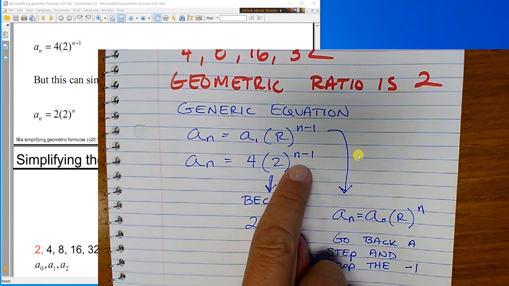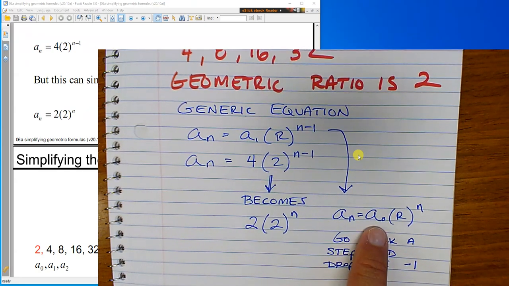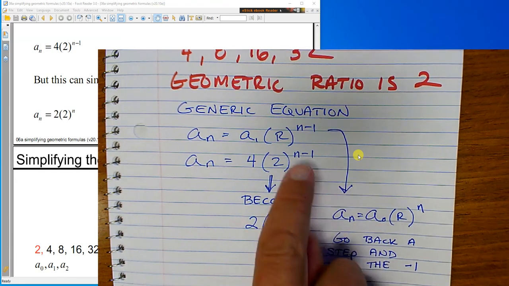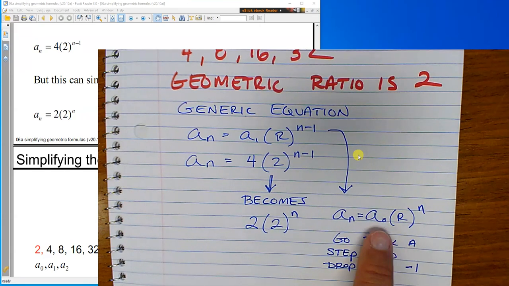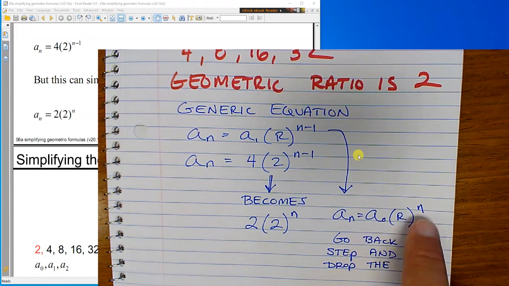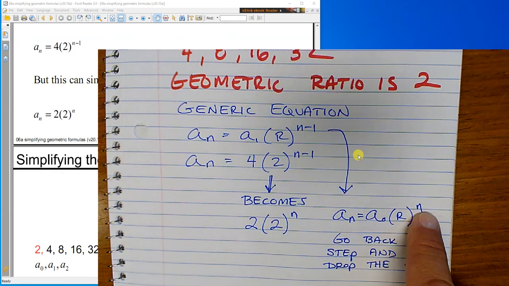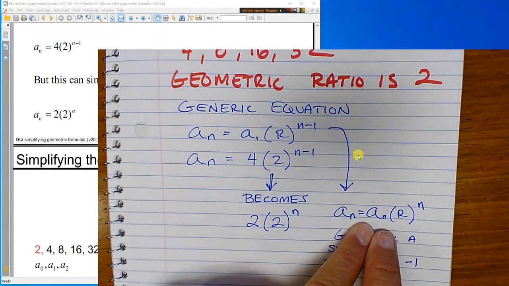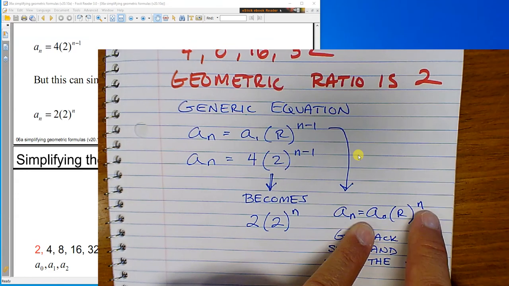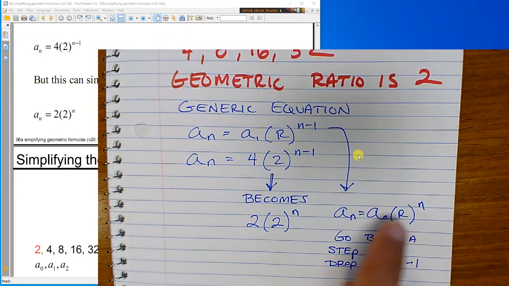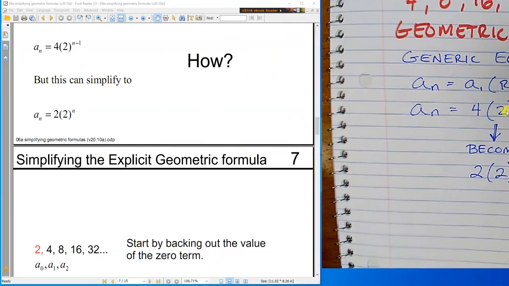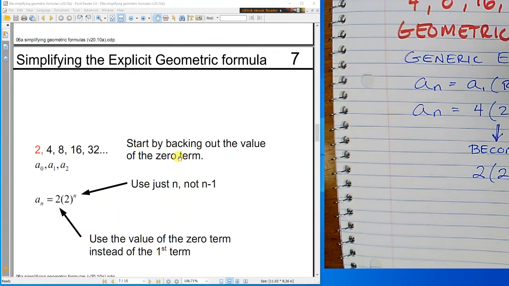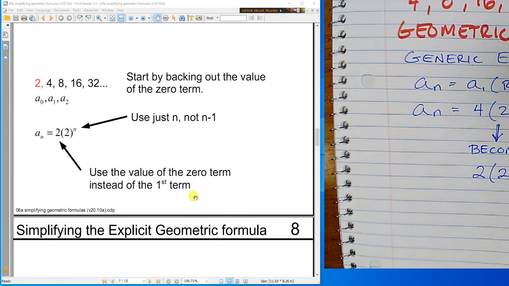Instead of saying go back a step, I'm just going to go back a step right away and not even worry about the go back a step up here. If nothing else, just start using this formula as the simplified one. Start by backing out the value of the 0 term, and then just use n. Okay.